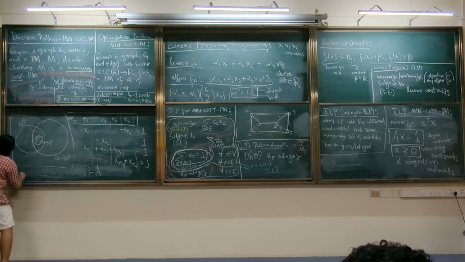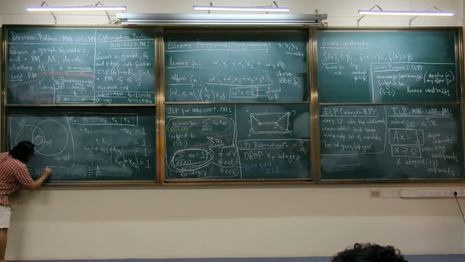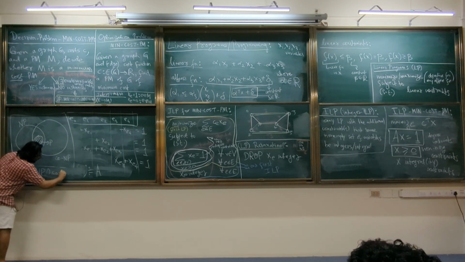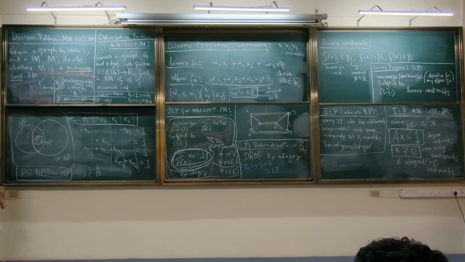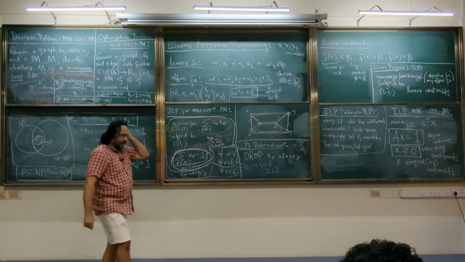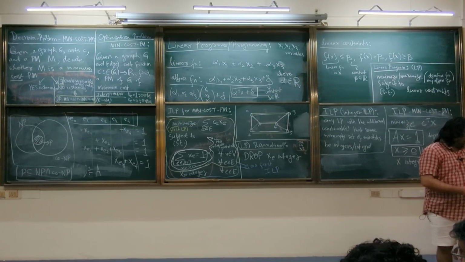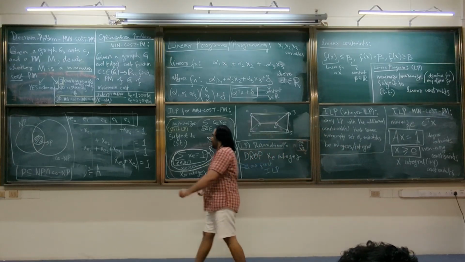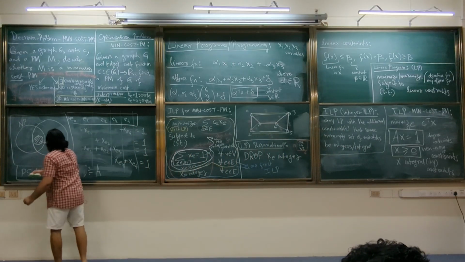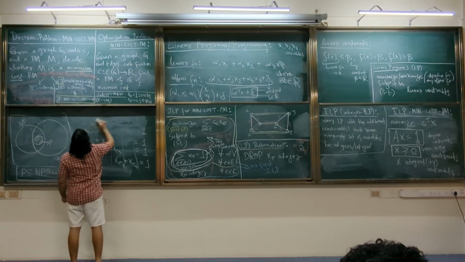So if you take a course in complexity theory, you would see probably a proof of this theorem. P is a subset of NP intersection co-NP. And a major open problem in complexity theory is whether this is actually equality. Nobody knows how to do it.